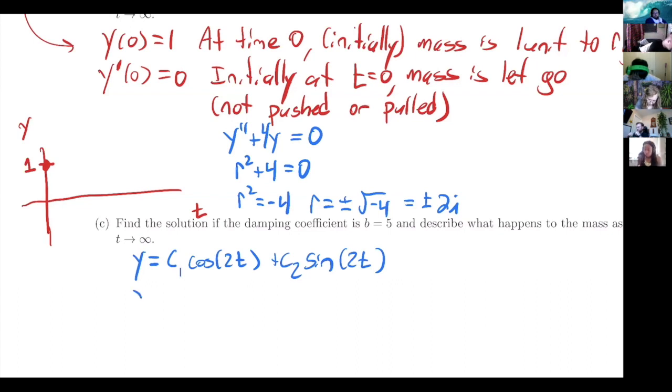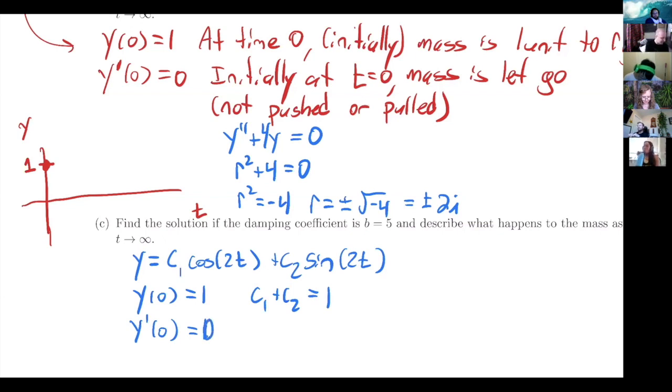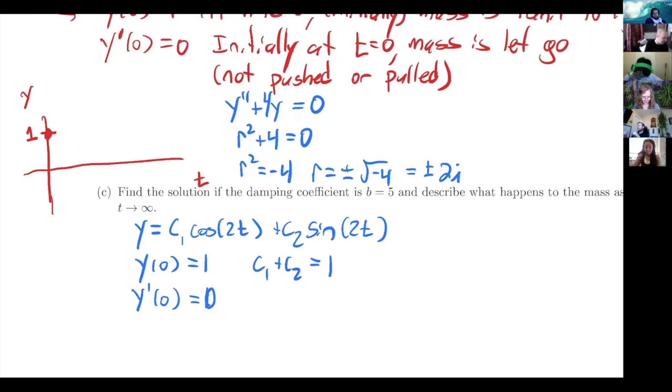That's right. And then using the initial condition that at 0, we should get a position of 1, that tells us that c1 plus c2 is equal to 1. And then using the condition that at 0, we have no initial velocity, what was the resulting equation that you got for the c's there? So we got that c1 is equal to 1.